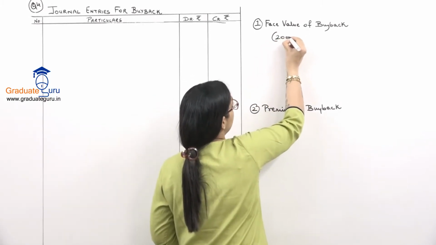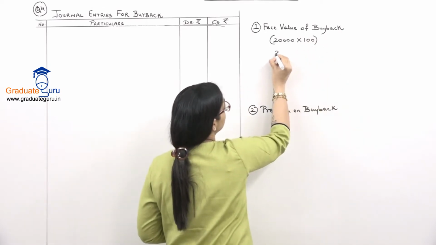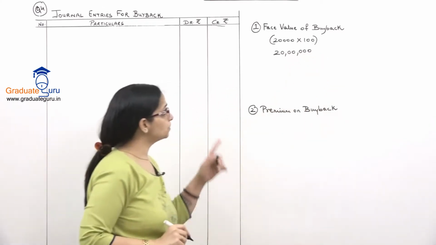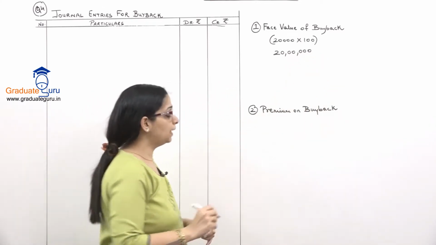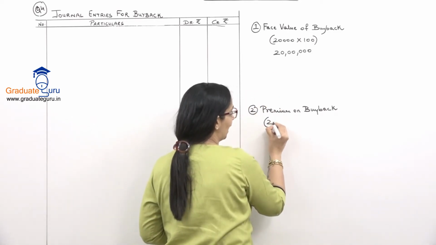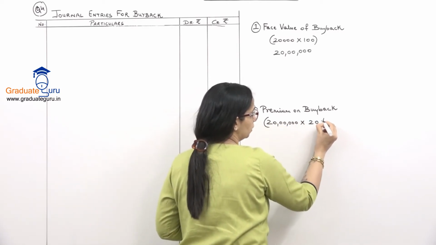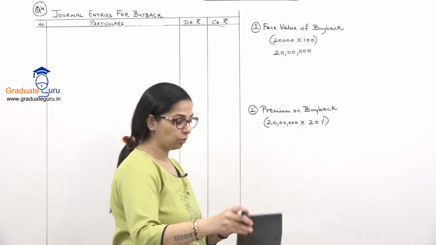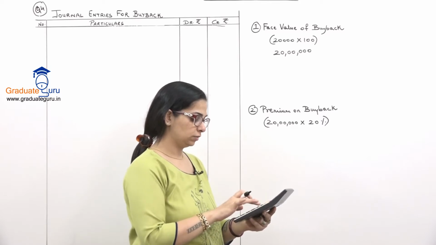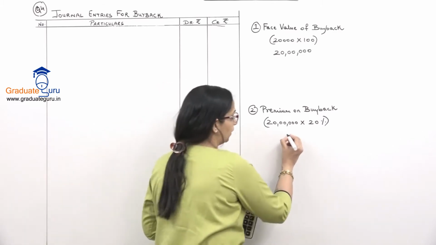This is what they want to buy back. 20,000 into 100 is nothing but 20 lakhs. And the premium they have said is 20%. So directly on the 20 lakhs, I will calculate 20%. 20 lakhs into 20% will give me 4 lakhs.